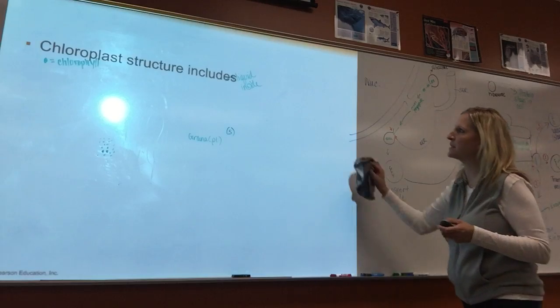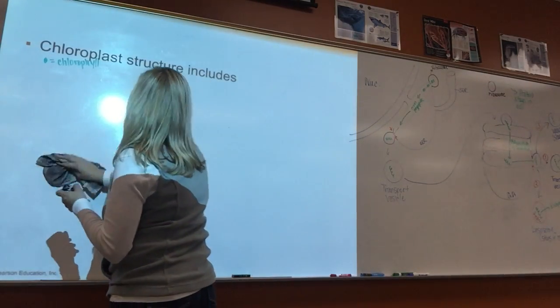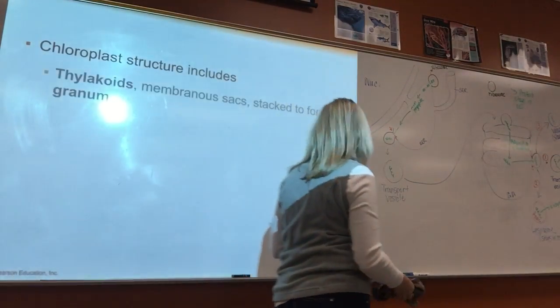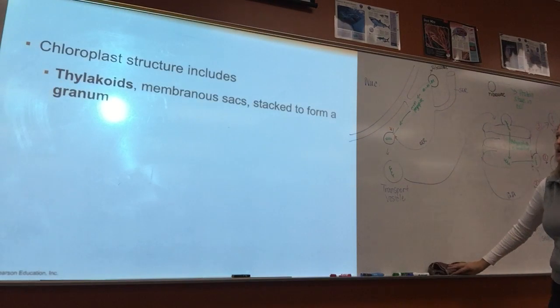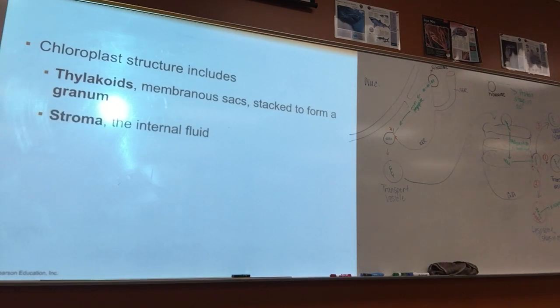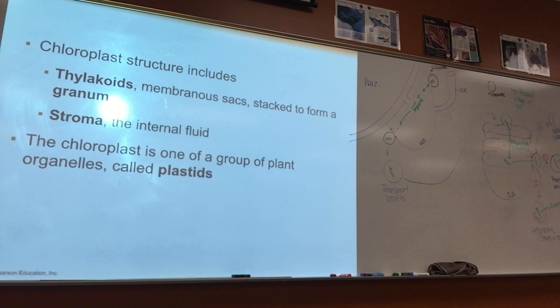So let's just write about these structures that we just looked at in the picture of the chloroplast. So thylakoids stack up to form the granum, which is the stack. Stroma is that fluid inside. And the chloroplast is one organelle of a larger group called plastids. But right now you just need to know the chloroplast.